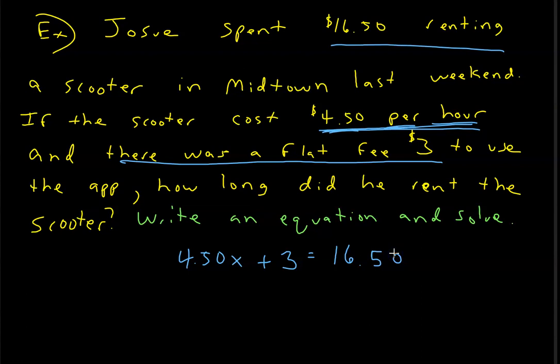So we want to know what x is. So we would subtract 3 from both sides. And you get 4.50x equals 13.50. And since that's 4.50 times x, that's pretty easy. We just divide both sides by 4.50.